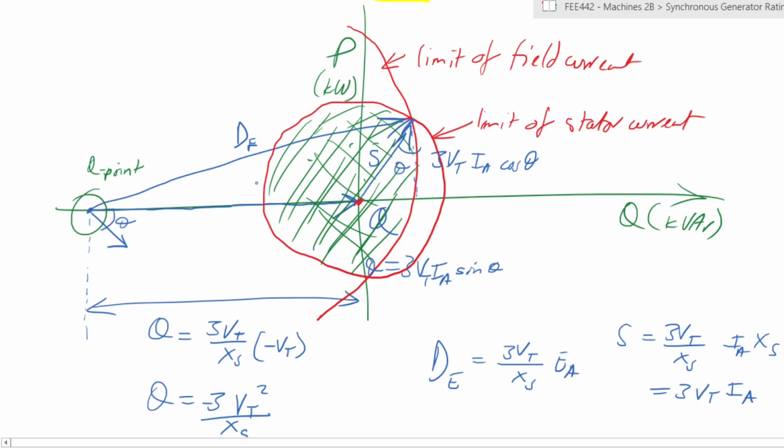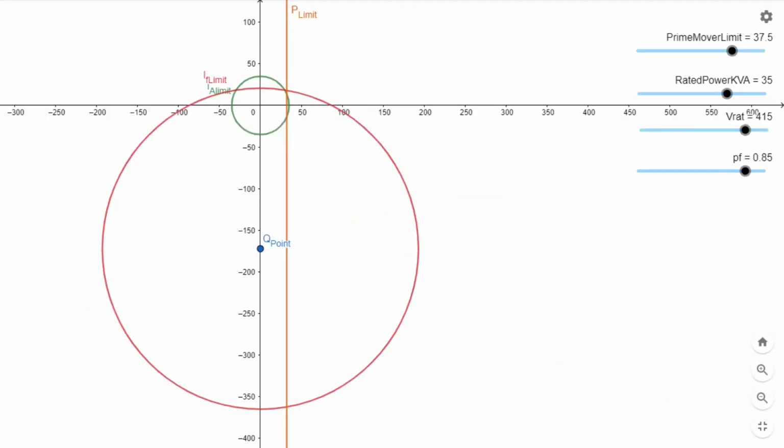That is the center of the circle that represents the limit of field current. So if we cut back to that, all right, this Q point is the one we are talking about as the center of the limit of field current. The locus of the circle indicated is where we are.